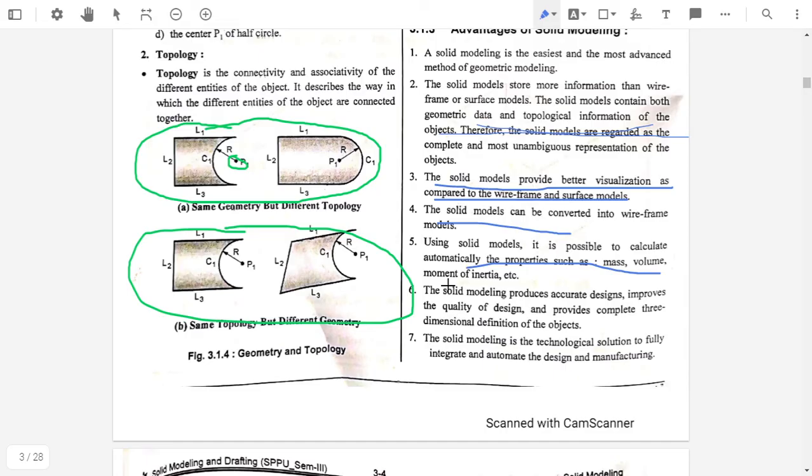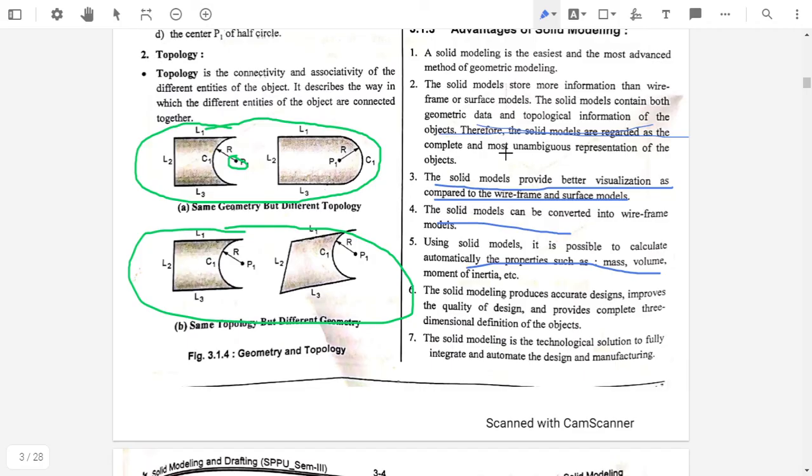The volume of the object can be calculated by using its dimensions. If we know the dimensions of the object, then we can easily calculate its volume. How can we calculate the mass of the object?